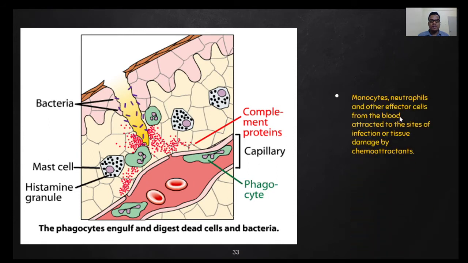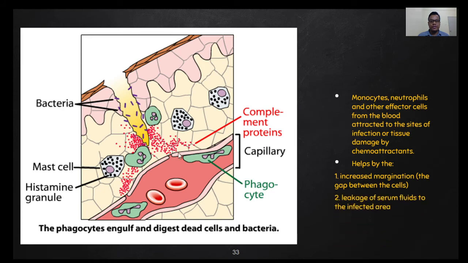Monocytes, neutrophils, and other effector cells from the blood are attracted to the sites of infection or tissue damage by chemoattractants released by the mast cells and also the injured epithelial cells. Helped by the increased margination, the gap between the cells enables phagocytes and other immune cells to pass through from blood to the injured areas.